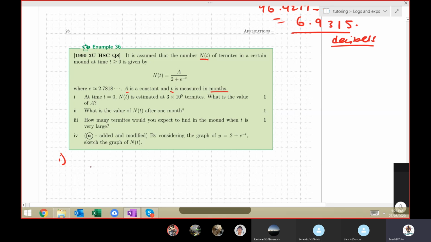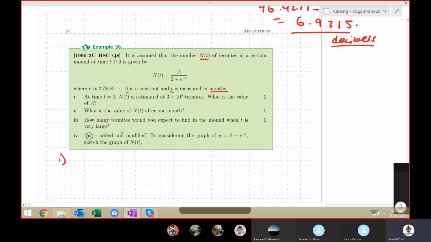Okay, who wants to give it a shot? What am I going to write for t? It's not hard. Time is 0, N of t is this. What is the value of A? There's your function. What are you going to write? N bracket 0.